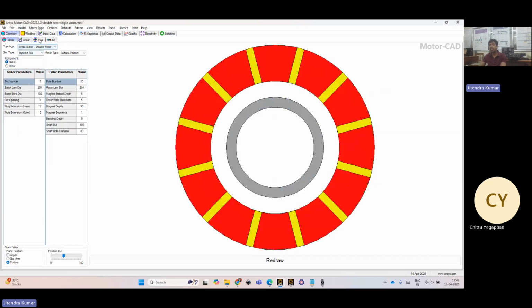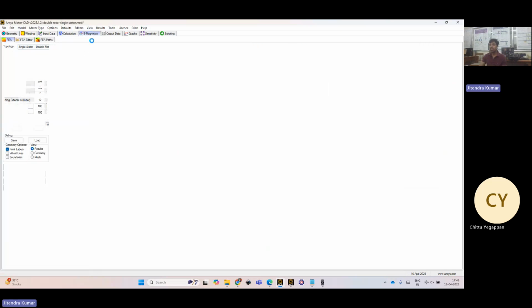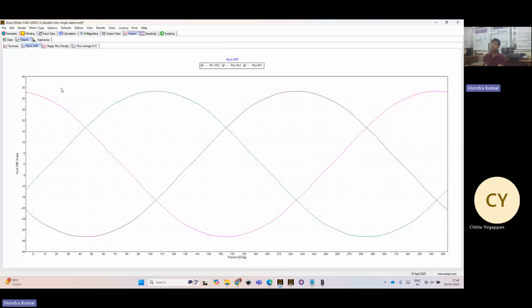You can see axially, the rotor length is 10 mm and the stator length is 35 mm. So in 55 mm, it is able to complete the entire path and it is able to produce back EMF, that is around 35 volt of sinusoidal.